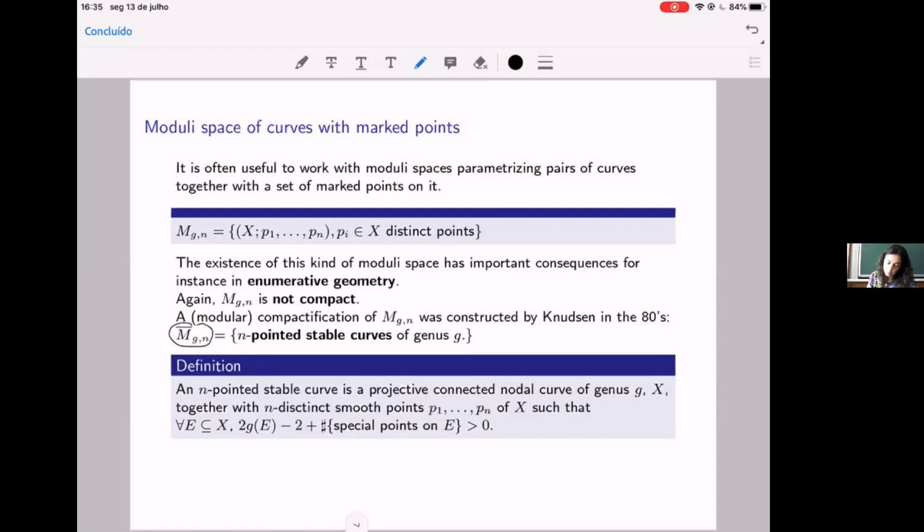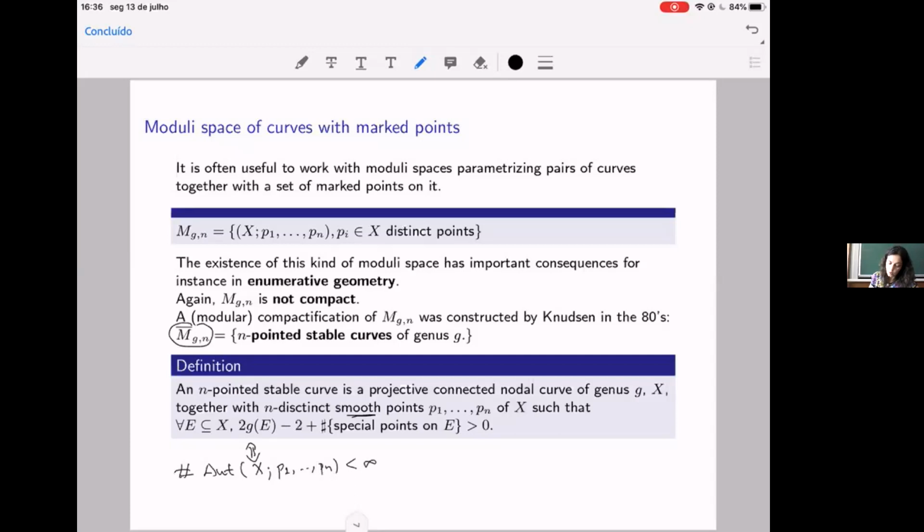An n-pointed stable curve is just a projective connected nodal curve of genus g, together with n distinct smooth points, with again the stability condition, which is again equivalent to requiring that the automorphisms of the curve which fix the markings should be finite.